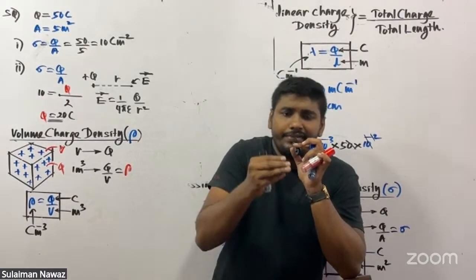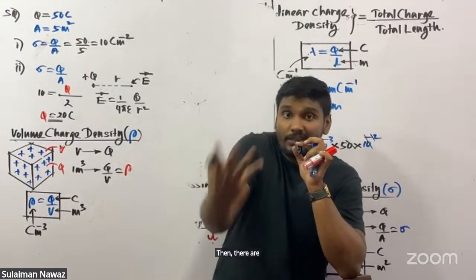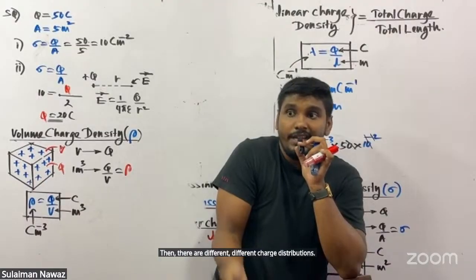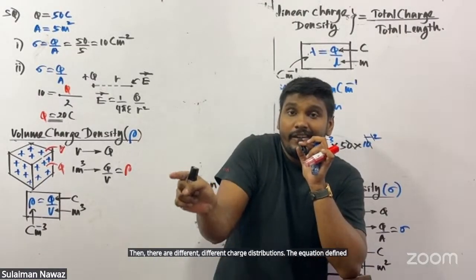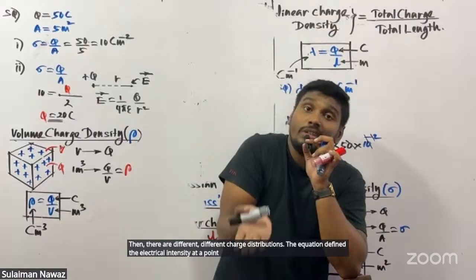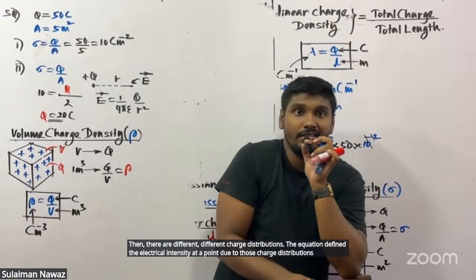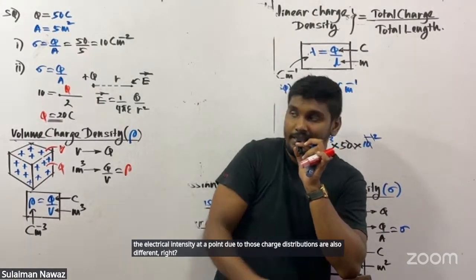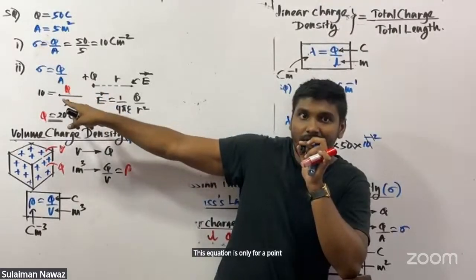When there are different charge distributions, the equations to find the electric field intensity at a point due to them are also different, right? This equation is only for a point charge.